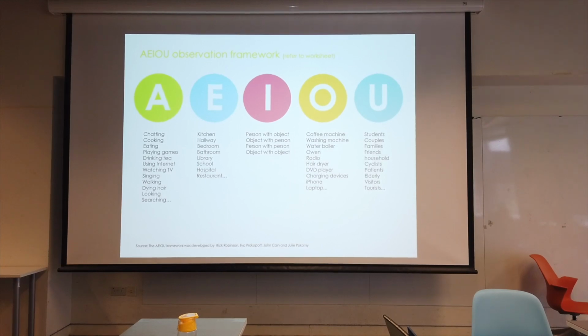The third one is I. I stands for interactions. Very easy. How do people interact with objects, people to people, people to space, and so forth. Maybe for the third 1 hour task, you focus on interaction.